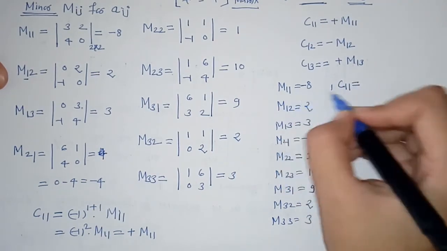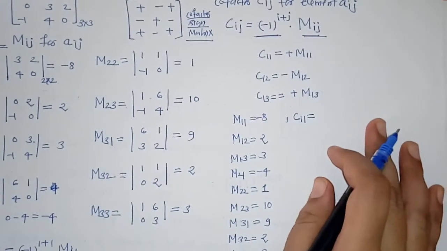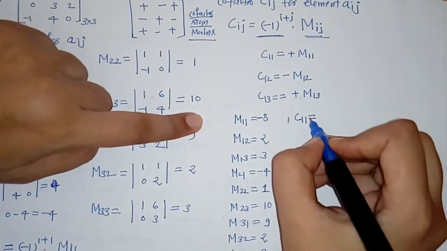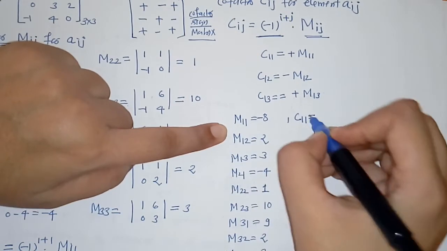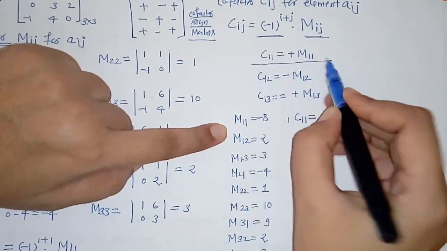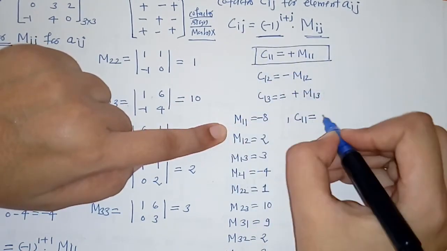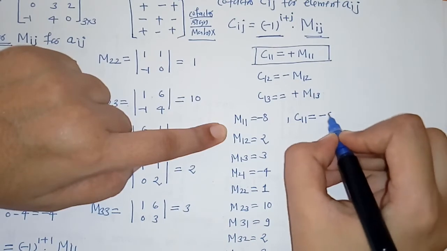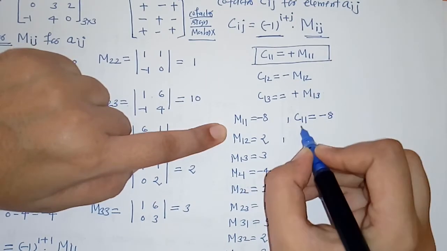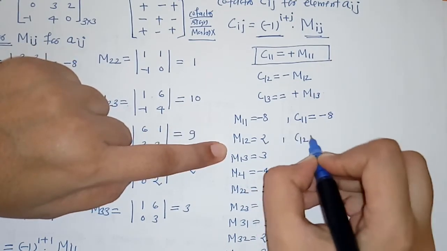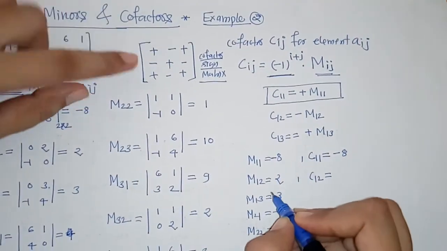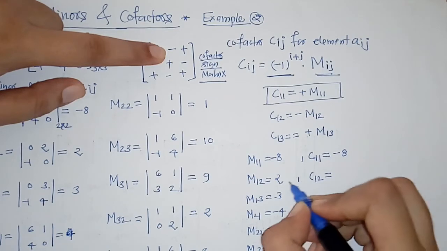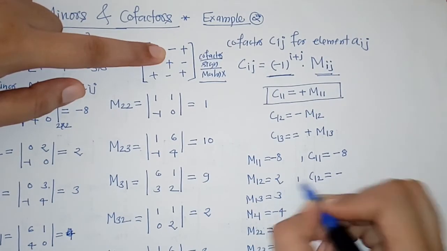So what is C11 now? C11 is equal to plus of that minor, that means minus 8. Then C12, what do we have to do for finding C12? We have to use the negative sign, so negative of this minor.